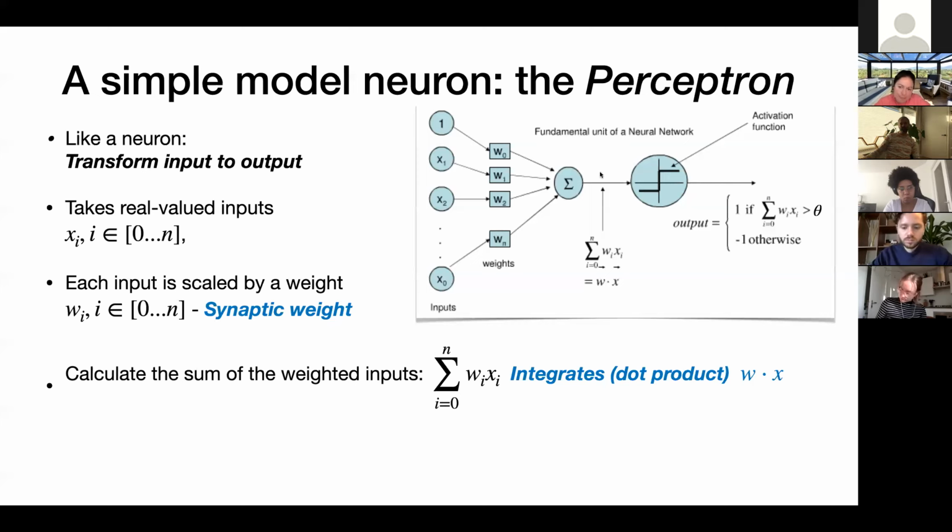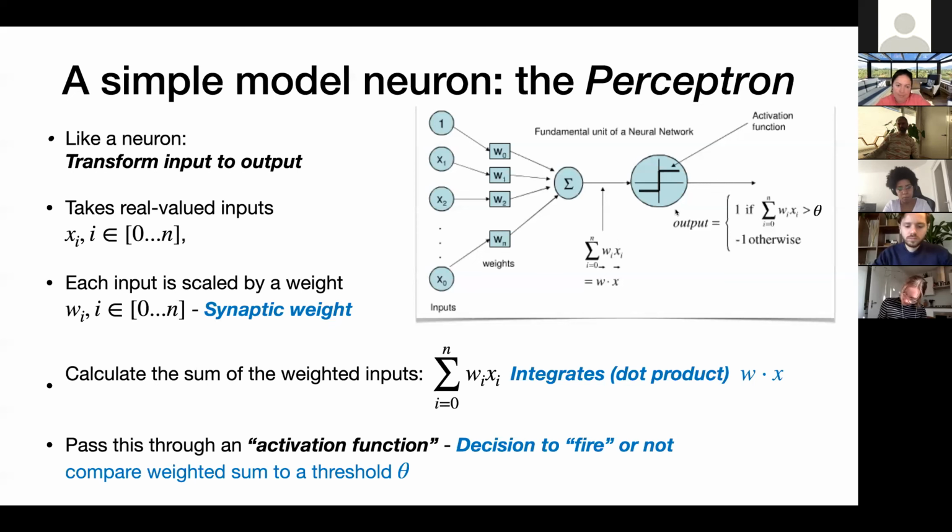Now, we're almost halfway here in terms of the diagram of what the perceptron is doing, because the next step is to pass this sum, this weighted sum of all of the inputs, through an activation function. And we can think of that as the decision to either fire or not. And this decision to fire or not depends then on a threshold that we can set.